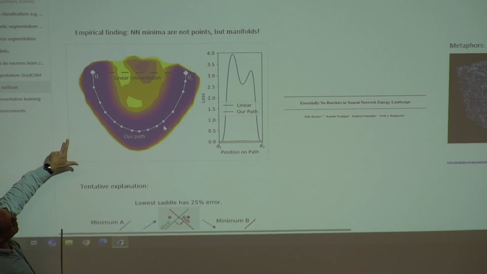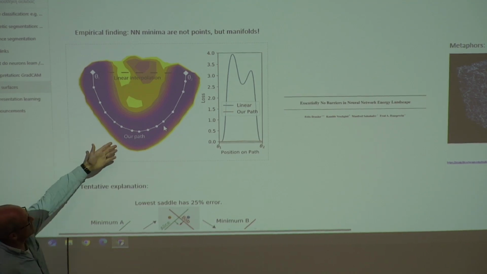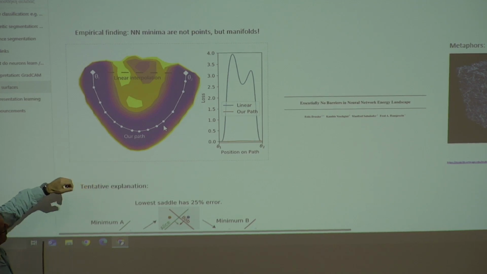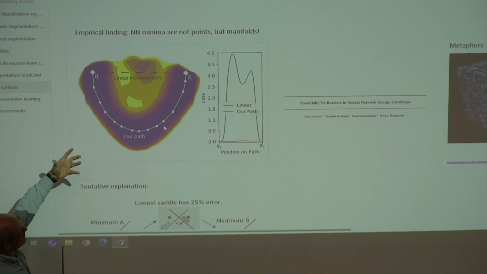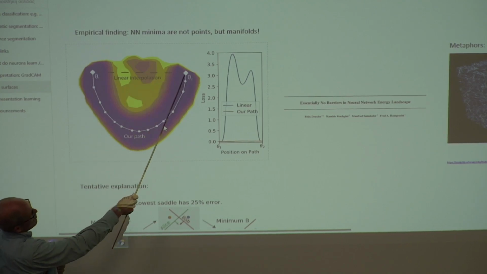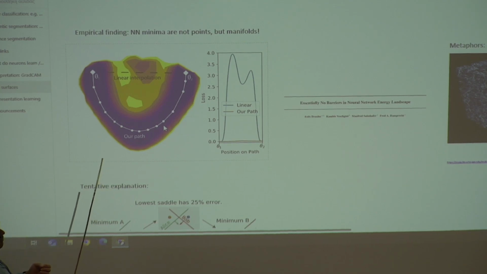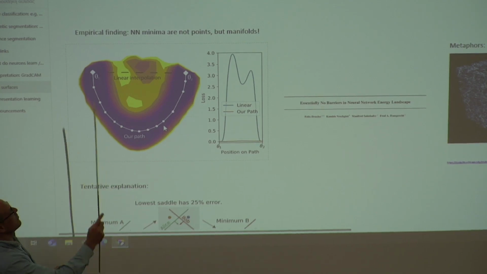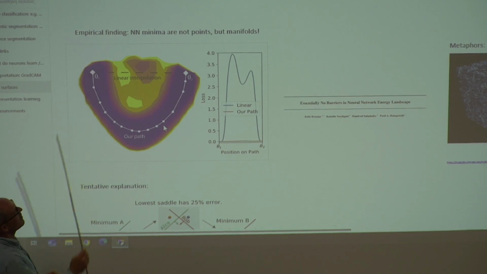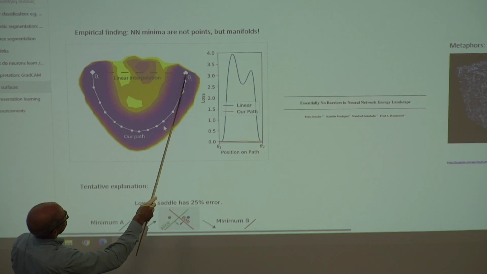So here only 2 dimensions are shown, but if the network has 1 million parameters, then really we have 1 million dimensions, and we have the loss surface here color-coded or shown in false colors as a function of where we are in this space. Any point in this space is a specific neural network. So we can train our neural network with some random seed, and we end up here. And we can train our neural network with a different random seed, and we end up there.